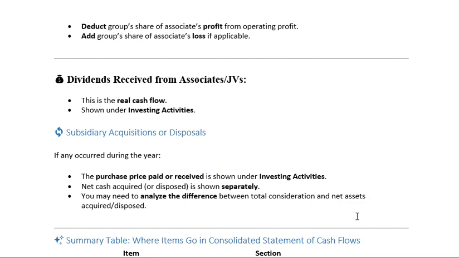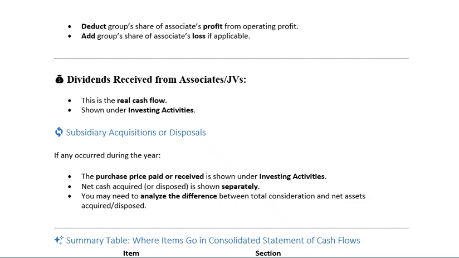Of course, a subsidiary is an investing activity, and the net cash acquired or disposed is shown separately. Net cash acquired. Then also you may need to analyze the difference between the total consideration and the net assets acquired or disposed.